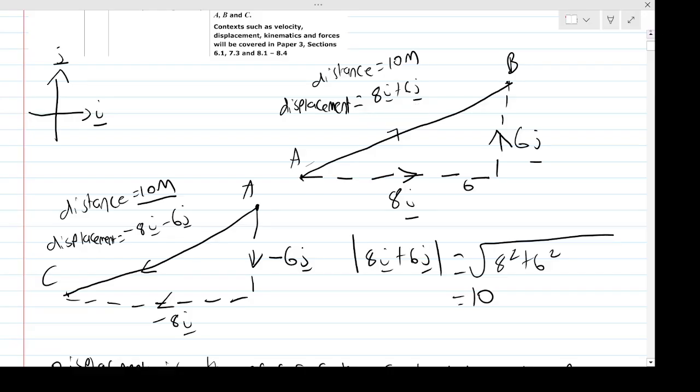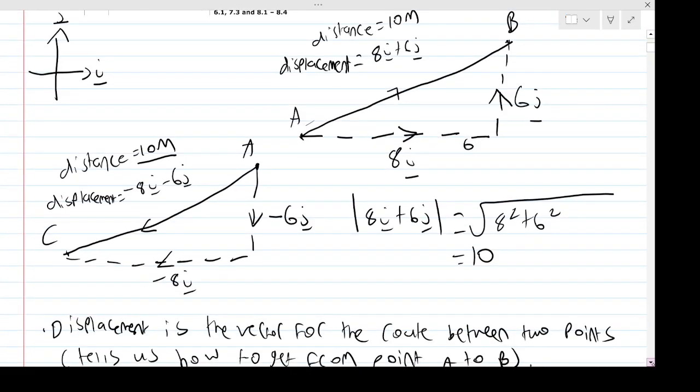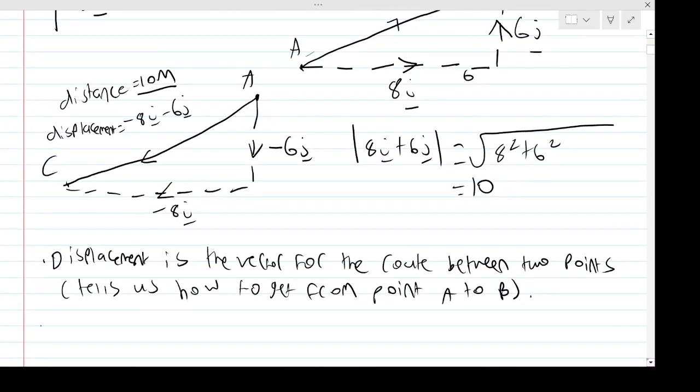And so actually, another cool feature for displacement is, if we do the magnitude of my displacement vector, it tells me the distance. Okay? And so therefore distance, I would say, is the magnitude of displacement.